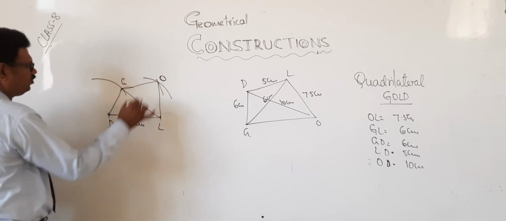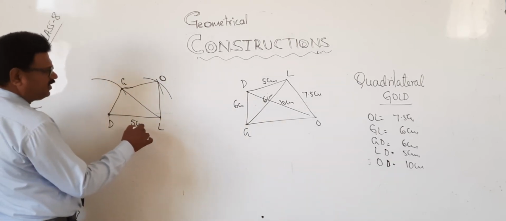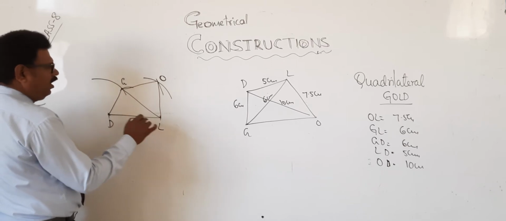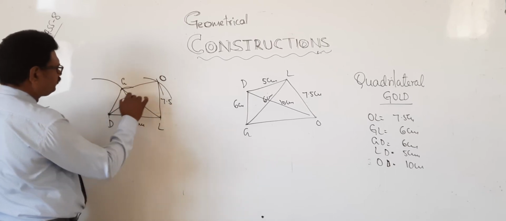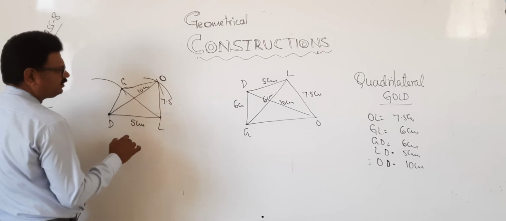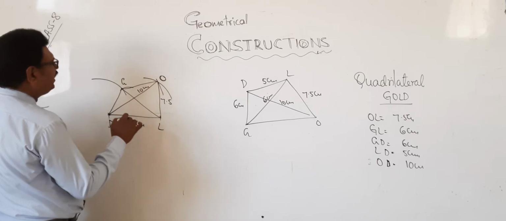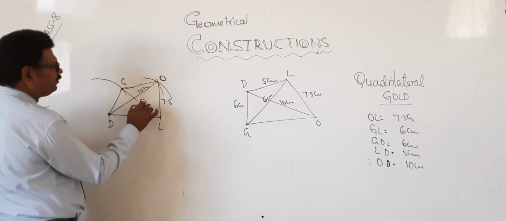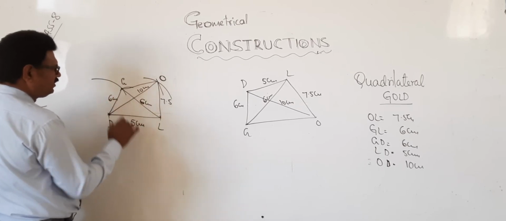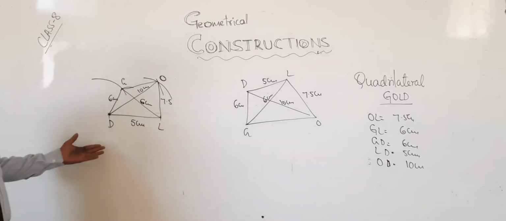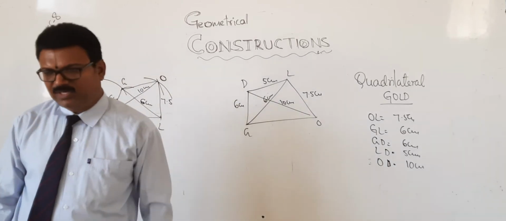This is O. Therefore GOLD: LD is 5, LO is 7.5, DO is 10 centimeters, GL is 6 centimeters, and GD is 6 centimeters. Okay? Any doubt? So here we have 3 sides and 2 diagonals.